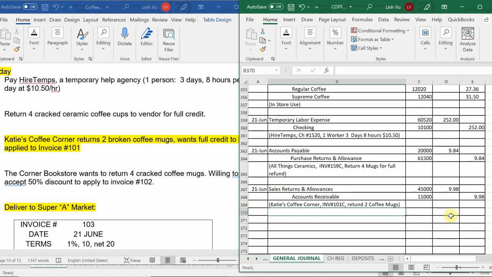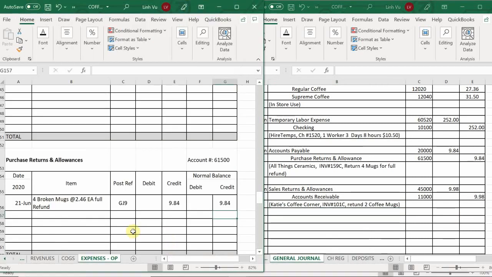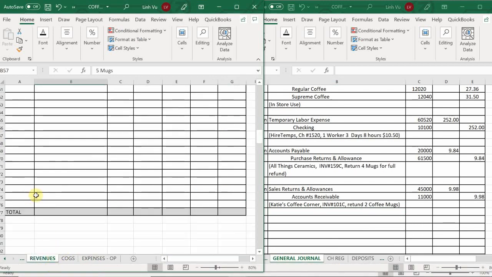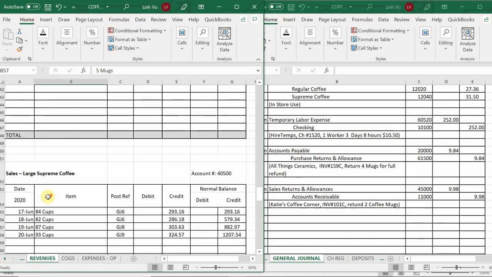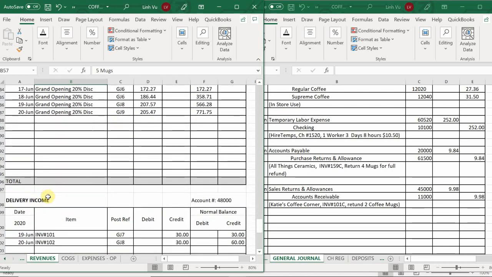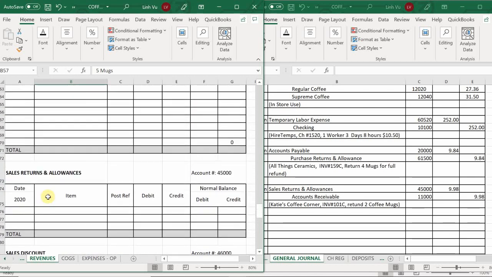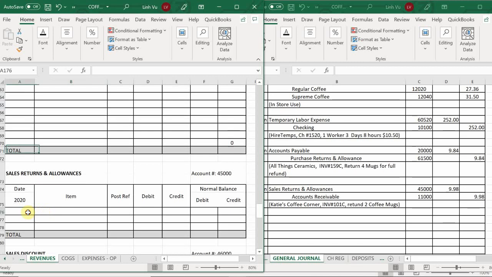Okay, so with that, we're going to go to the ledger. Here we are, sales returns and allowances.